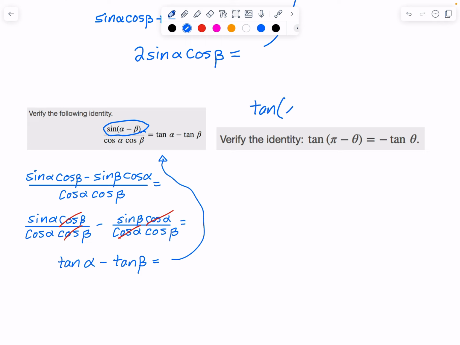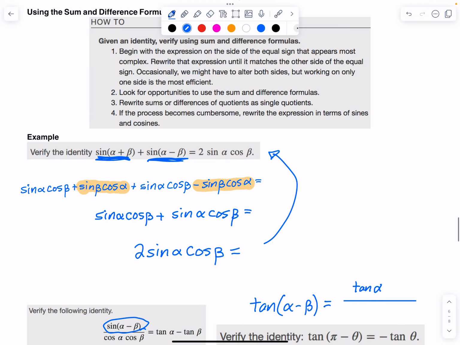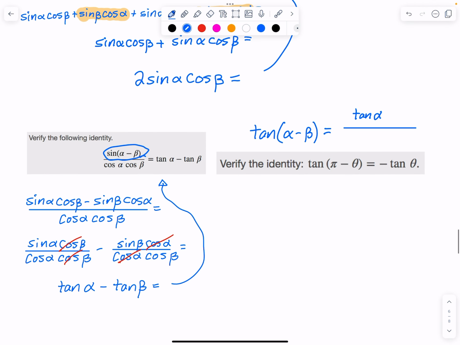Remember the tangent of alpha minus beta is equal to tangent alpha, and then let's go back up and look because I always forget if it's a plus or minus. Okay, plus and plus go on top together, minus minus on top go together. So tangent alpha minus tangent beta over 1 plus tangent alpha tangent beta. So I'm going to use that same thing here on this left side.